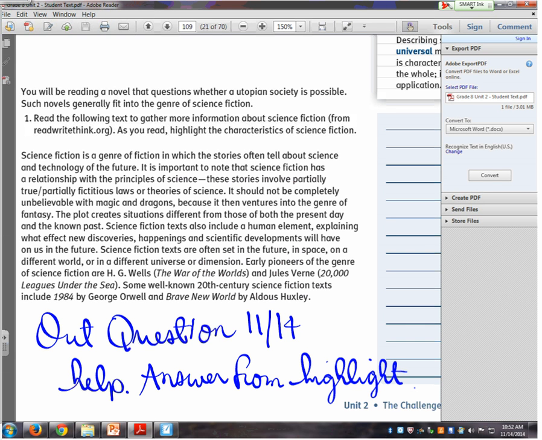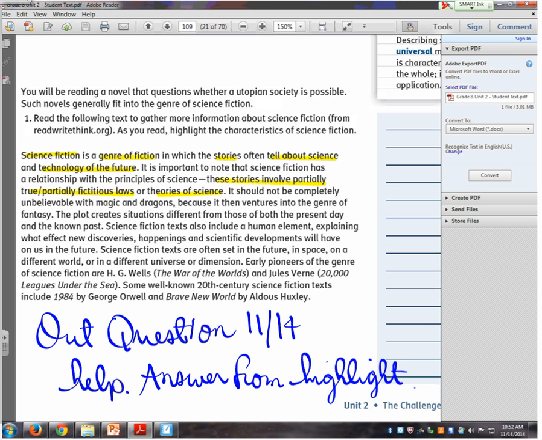Okay, I'm going to have one person read this piece aloud to us, and we're going to highlight as everything is read. So, Mercedes, would you be willing to go ahead and read this definition for us? Science fiction is a genre of fiction in which the stories often tell about science and how to live in the future. It is important to note that science fiction has a relationship with the physics of science. These works involve partially true, partially fiction, laws, or theories of science.